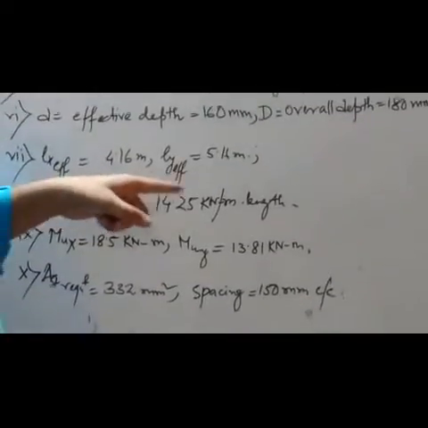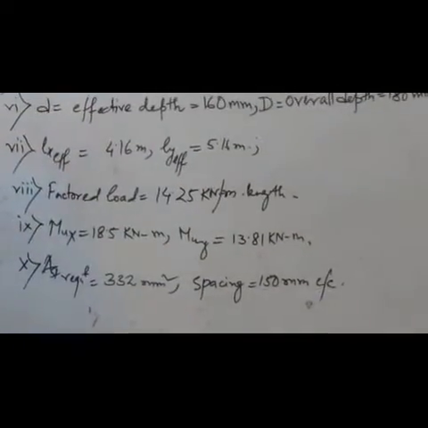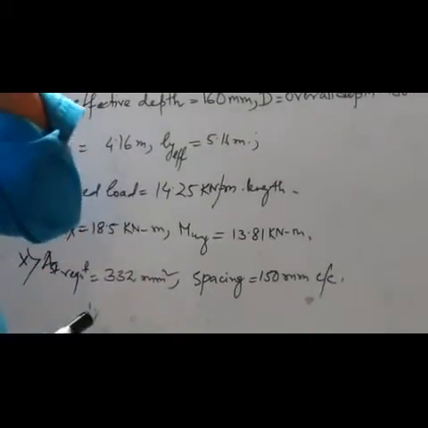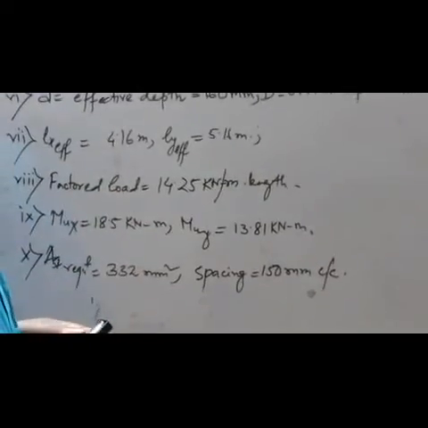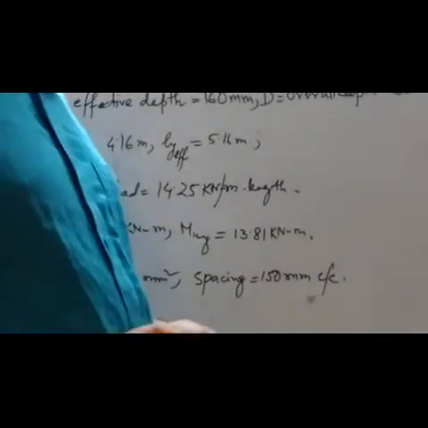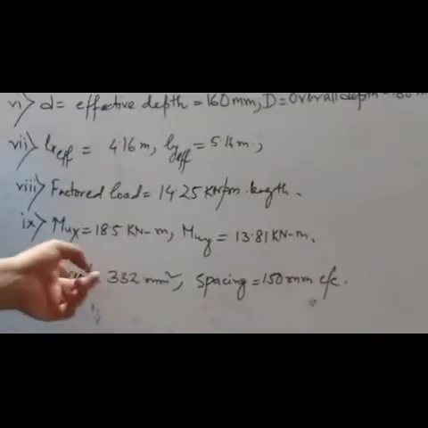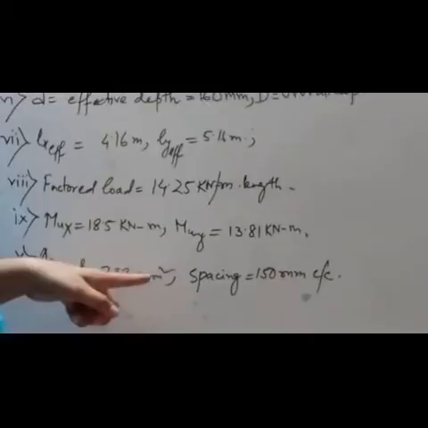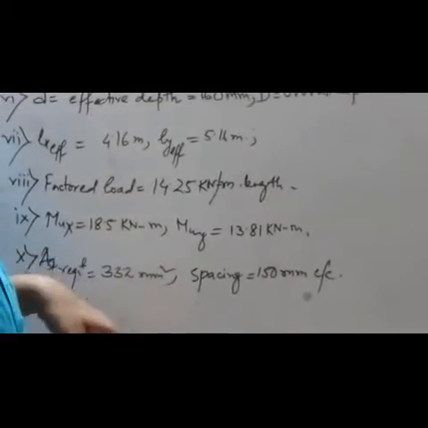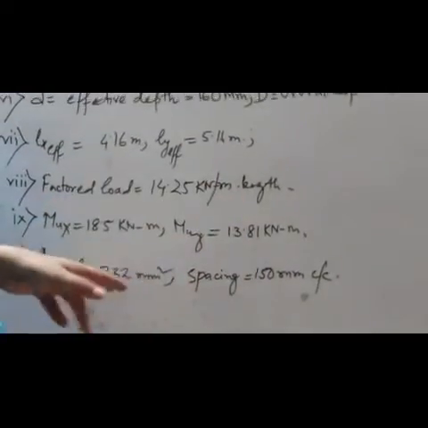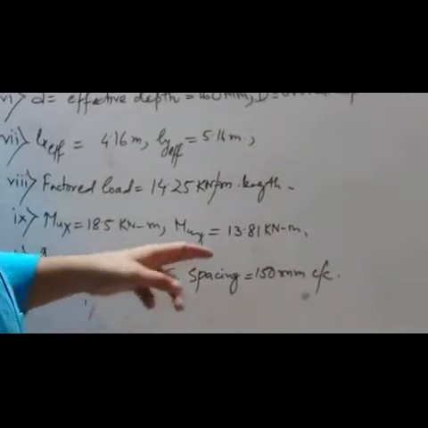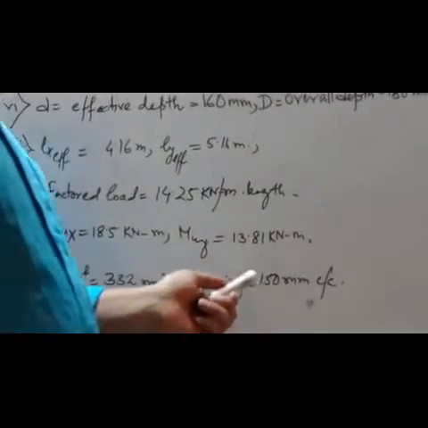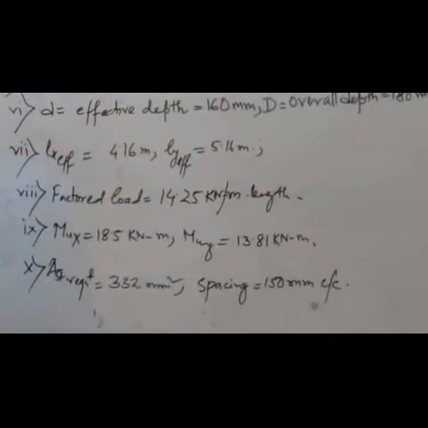Factored load is 14.25 kilonewton per meter length, the ultimate moment in x direction is 18.5 kilonewton meter, and the ultimate moment in y direction is 13.81 kilonewton meter. The area of steel required was 332 millimeter square, actually 332.5, approximately 332 millimeter square, and the spacing which we have already calculated is 150 millimeter center to center.